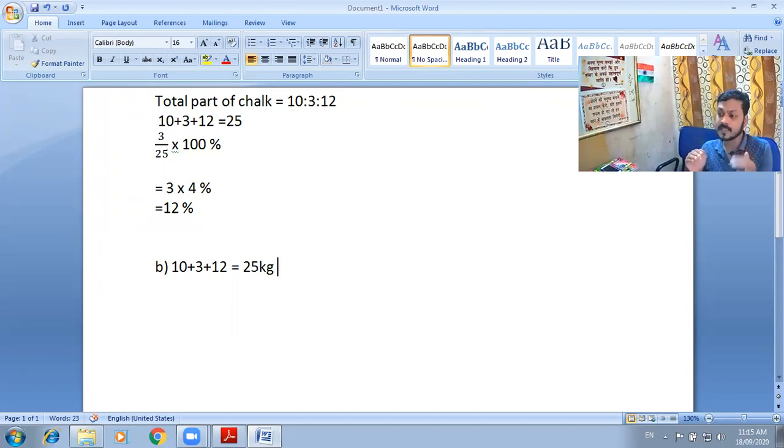Carbon represents 3, so 3 by 25 into 100 equals 12 percent of carbon, and the total amount is 25 kg.